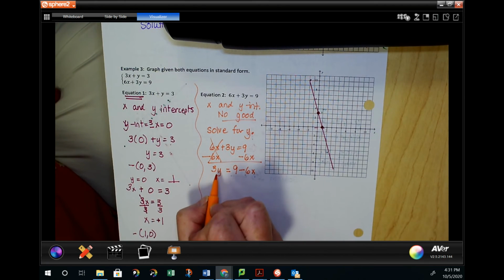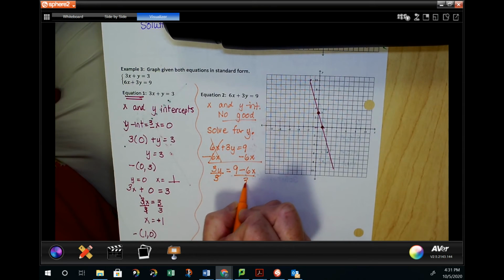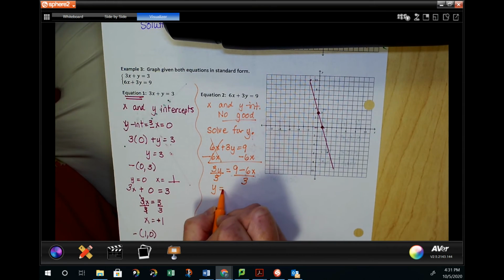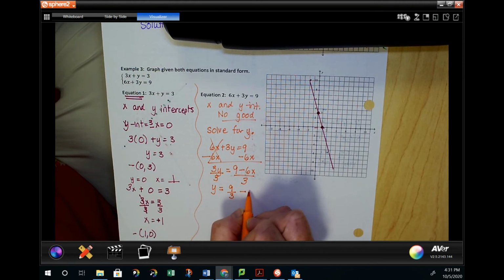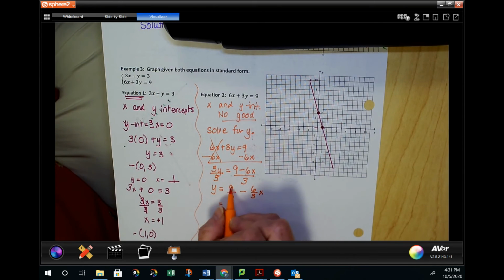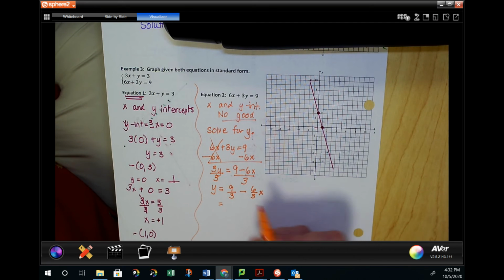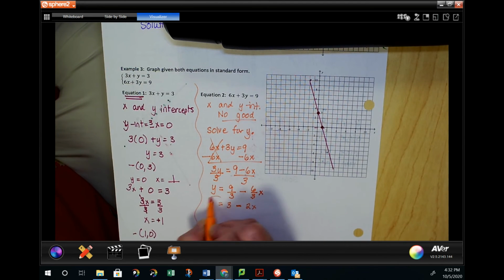Now I'm going to solve for y, so I have to divide by 3. 9 divided by 3 is 3, and 6 divided by 3 is 2, and this would be negative. So that would be my equation.